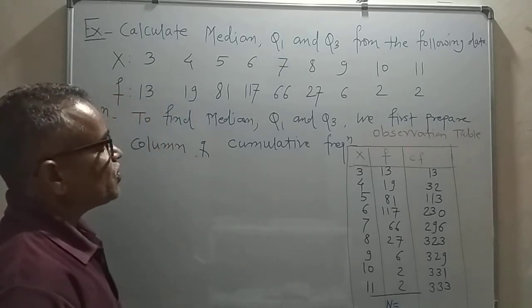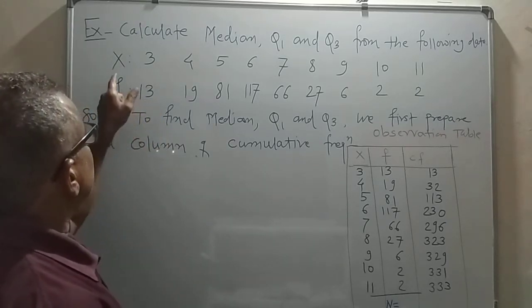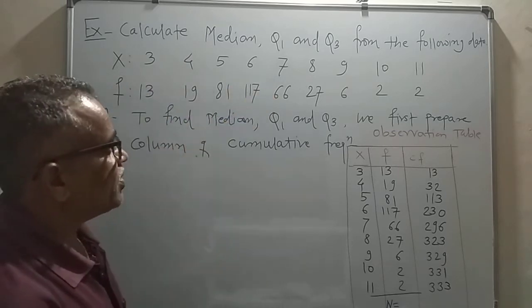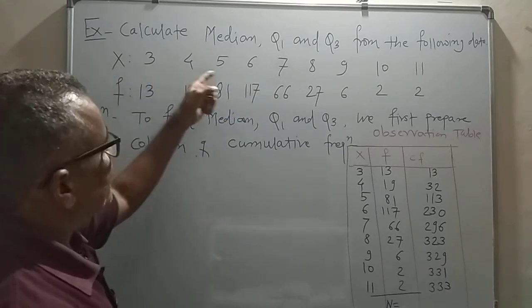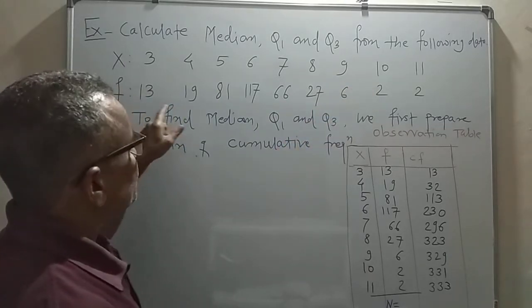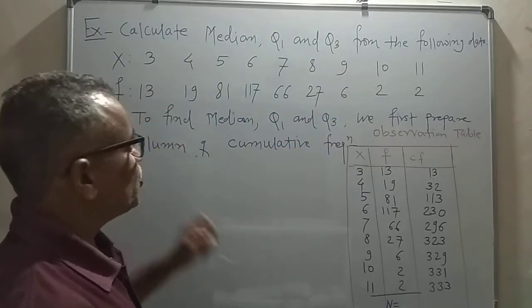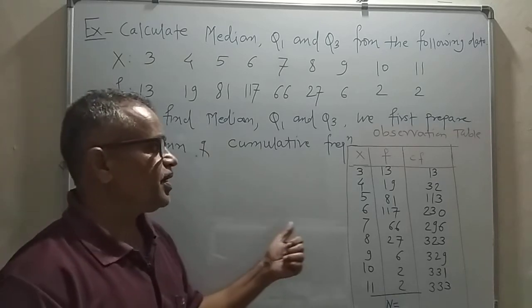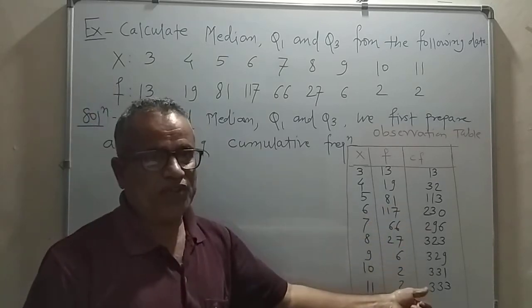For a discrete frequency distribution, first we arrange the data in ascending order. Here the data is already arranged in ascending order, and the corresponding frequencies are here. To compute these values, we prepare a column of cumulative frequencies.